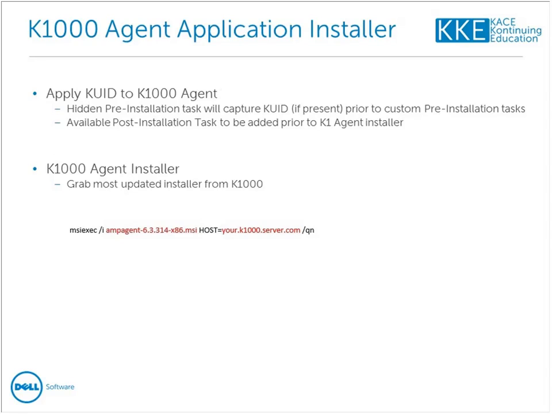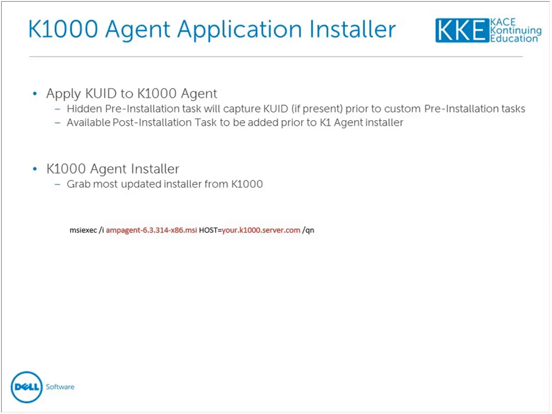And then when we reinstall the K1000 agent, we want to add this task prior to the K1000 agent installer. Technically, it will work post, but we always recommend prior to the K1000 agent installer. It's going to apply that KUID back down to that machine so that the same device and asset trail in your K1000 will be preserved.